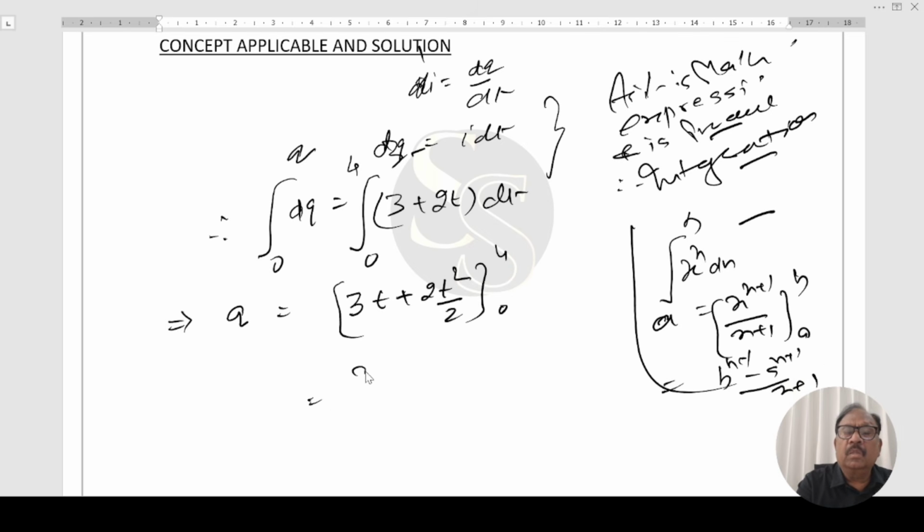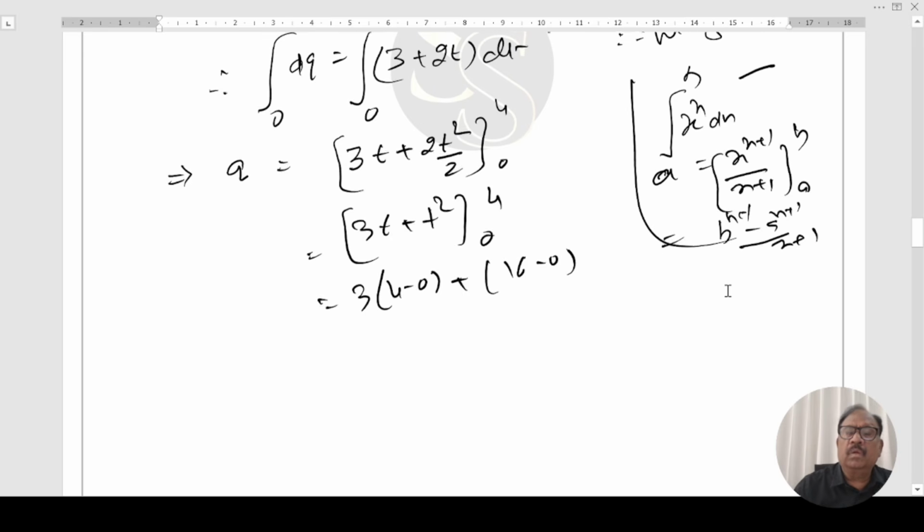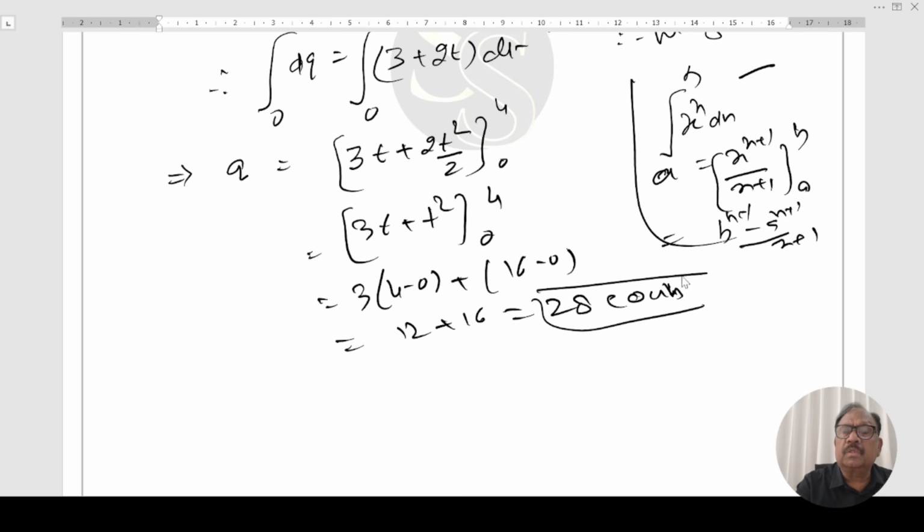Now 3t plus t square from 0 to 4: 3 into (4 minus 0) plus (16 minus 0). 12 plus 16 comes out to 28 Coulomb. First answer is this, part A answer.